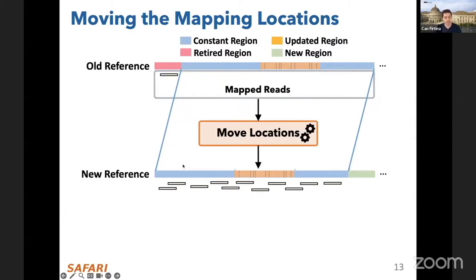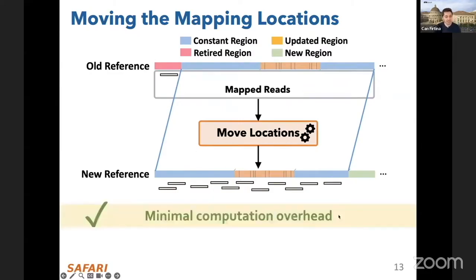This means that we're not changing anything but their mapping positions, based on where these constant and updated regions now exist in the new reference genome. This provides a minimal computation overhead to move the reads to a new reference genome.